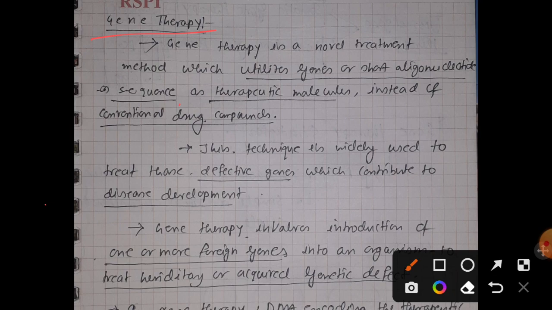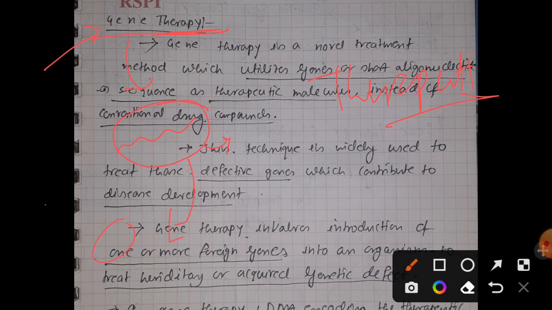So first of all, gene therapy is a novel treatment method, okay, and as its name suggests, here we are going to use genes, or mainly short oligonucleotide sequences. So instead of using therapeutic drugs, now we are going to use short oligonucleotide sequences to treat disease, okay. And as here we are going to use genes, there can be two possibilities.